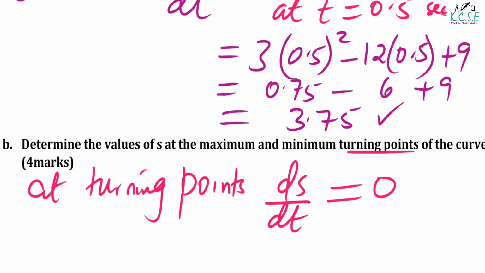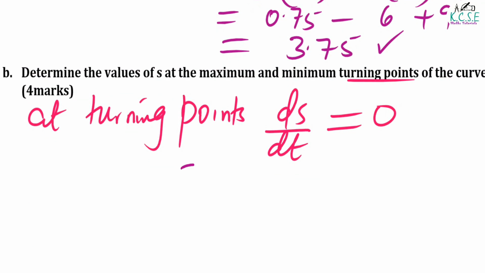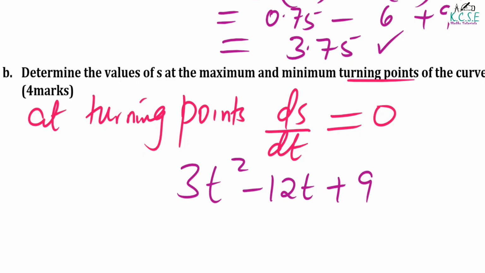And since we have got the gradient, just take that gradient, which is 3t squared minus 12t plus 9. So at turning point, this value of gradient is supposed to be 0. So we need now to get the values of t at the turning points.